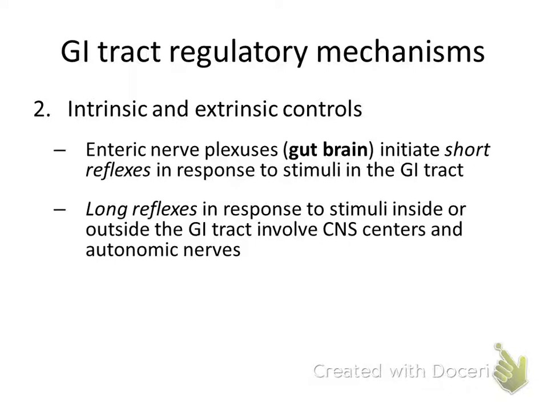We know what they monitor and generally speaking what that will do, but we don't know how. So we have intrinsic and extrinsic controls. Anytime we see intrinsic, that means that's a control that's happening from the system itself. So part of the system is controlling another part of the system.